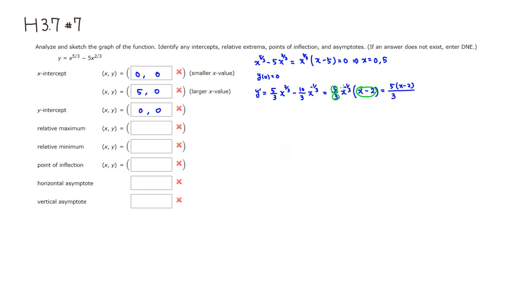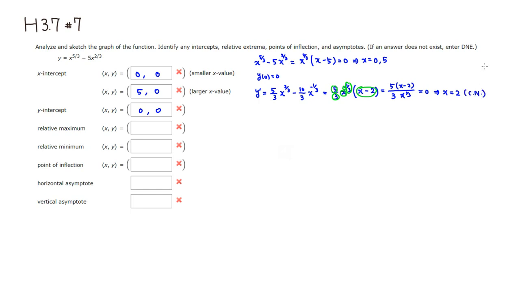But there is a negative power, so x is going to be on the bottom with the power 1/3. If you set this equal to 0, the numerator equals 0, so x equals 2 is one of the critical numbers.